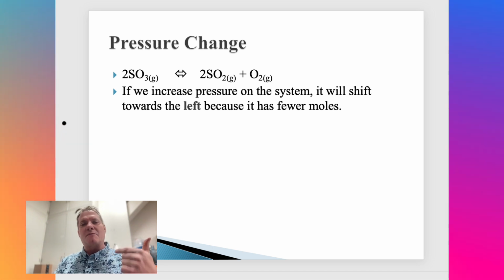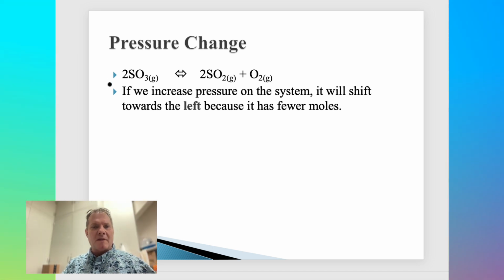So again, Le Chatelier's principle is trying to undo what we did. In this example, if we increase the pressure, the system will shift towards the left because it has fewer moles. If we were to decrease the pressure, then it would have to shift towards the right, towards the products, to increase the number of moles.